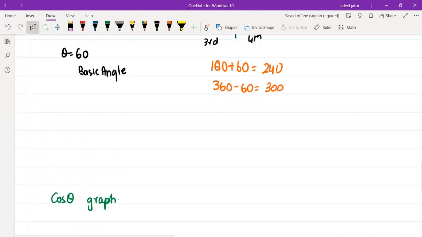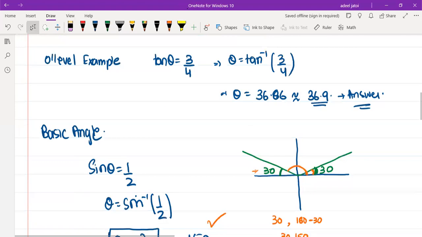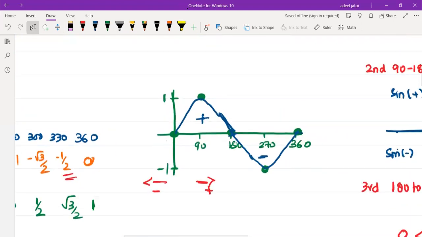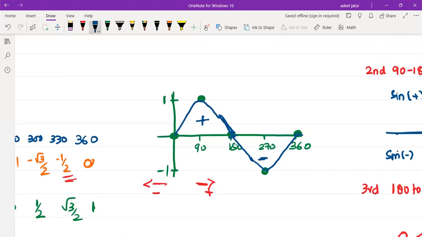So if you consider your sine graph, which was here, right? In the sine graph, from 0 to 180 there were positive values, right? From 180 to 360, it is negative values.